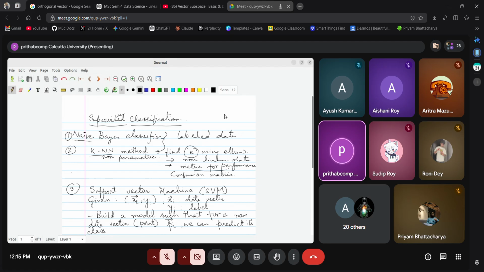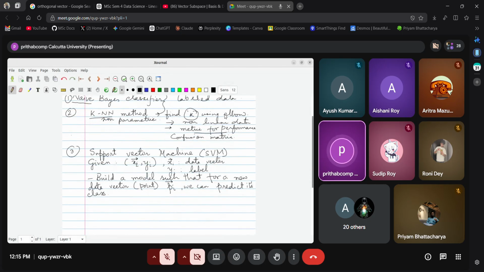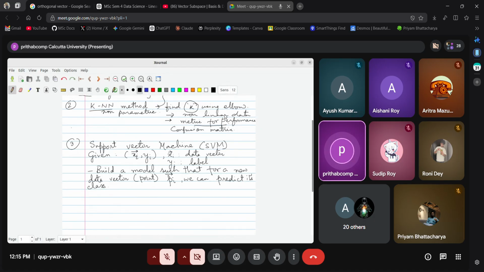That's a typical supervised classification problem.